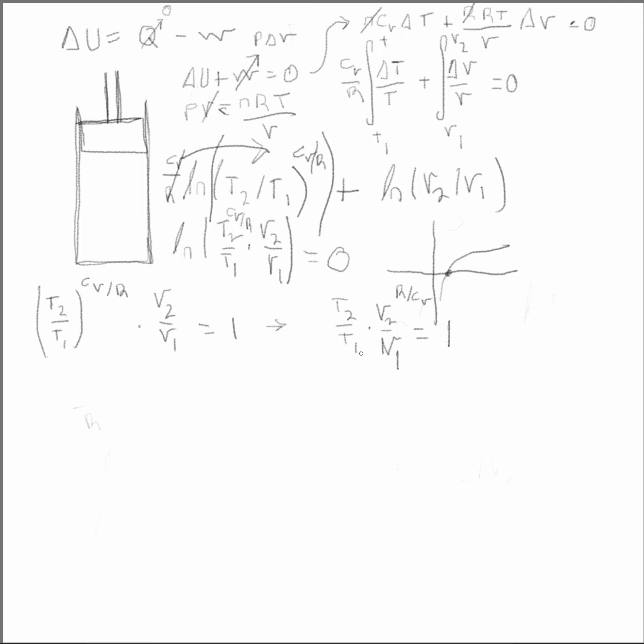And what we want is pressure and volume instead of temperature and volume. And so we're going to go ahead and use PV equals nRT again, except we're going to write T equals PV over nR.